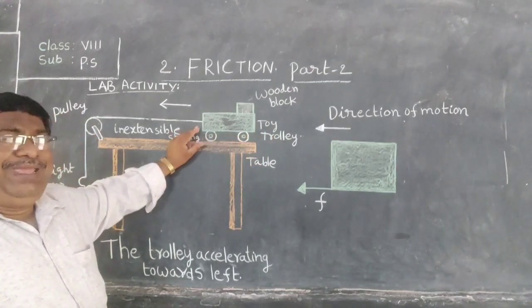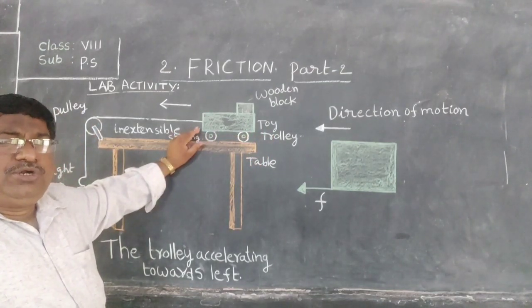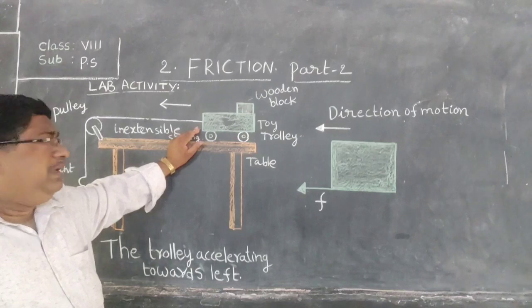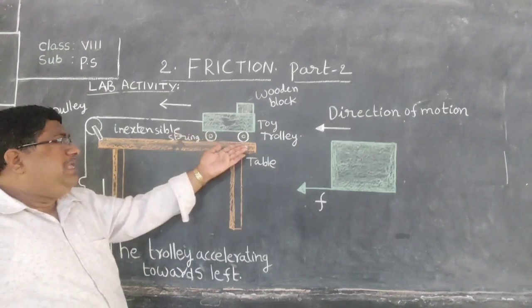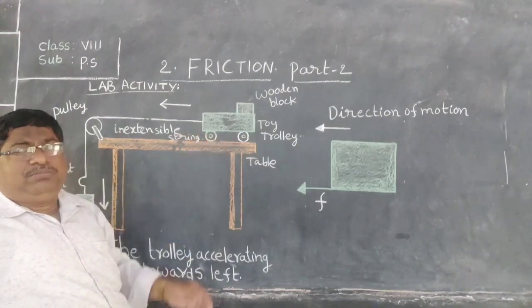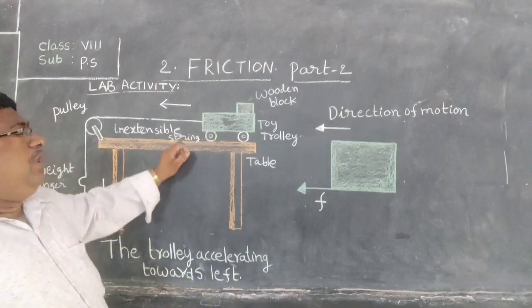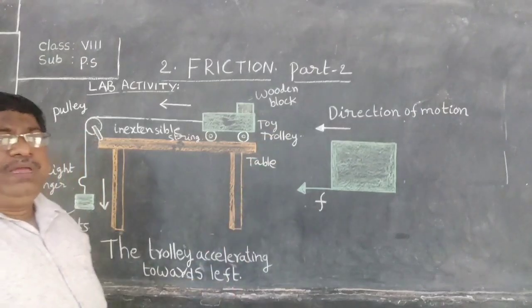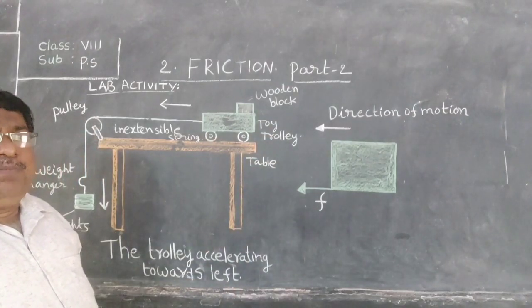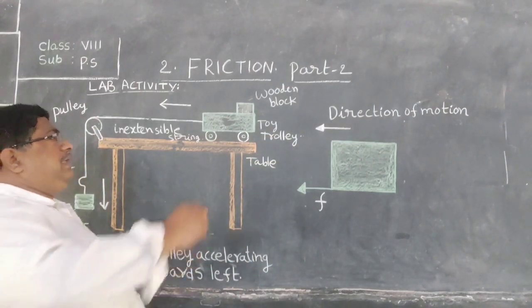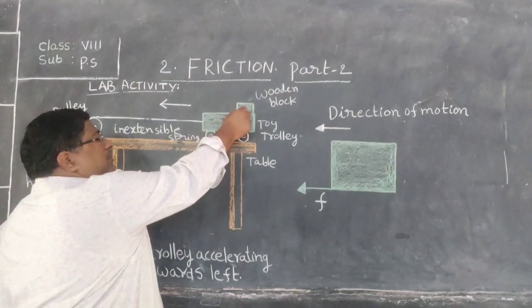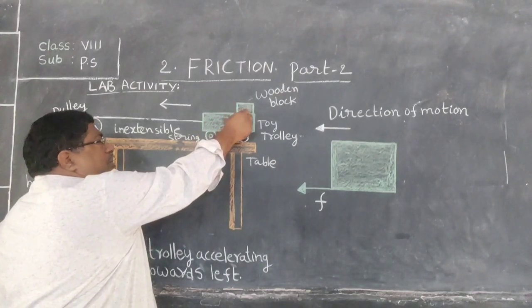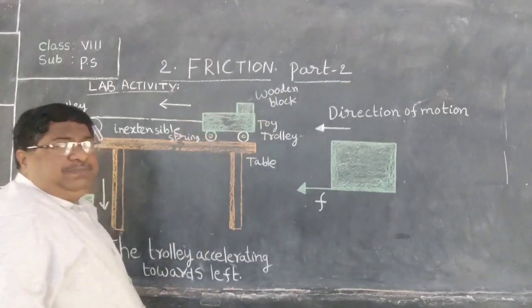Now we have to take a toy trolley and place it on the table. Now we have to take a small wooden block, and this small wooden block is kept on the toy trolley.